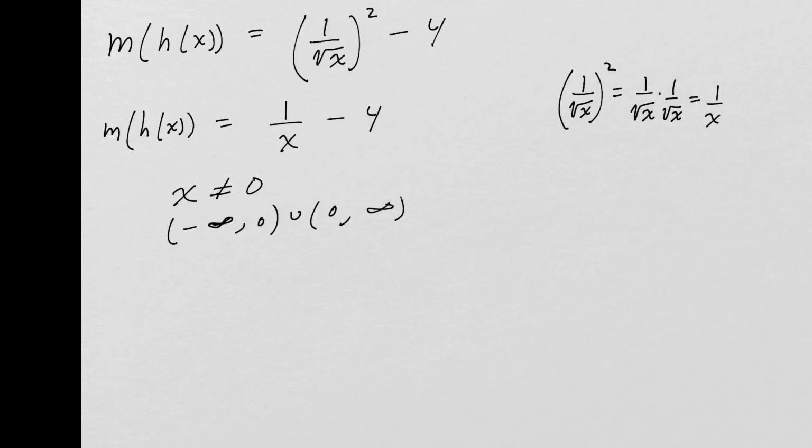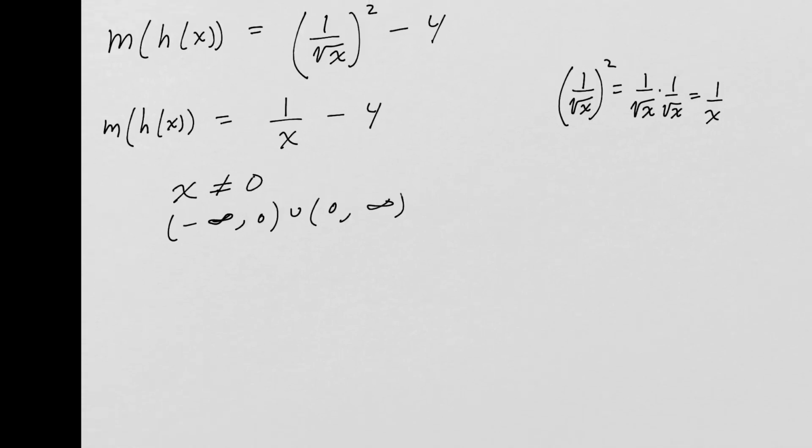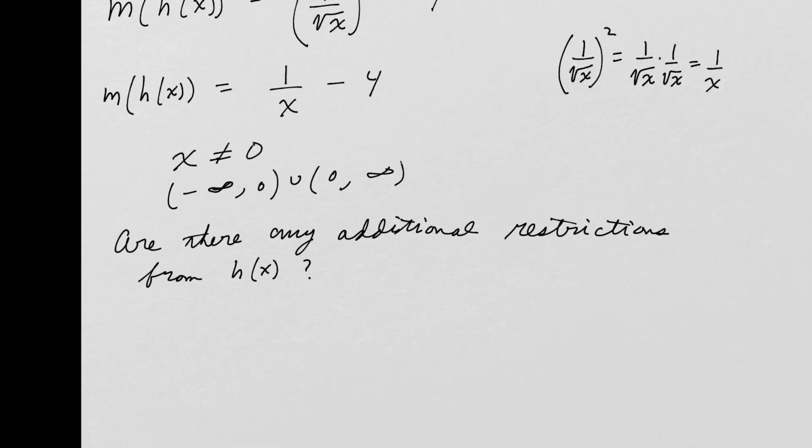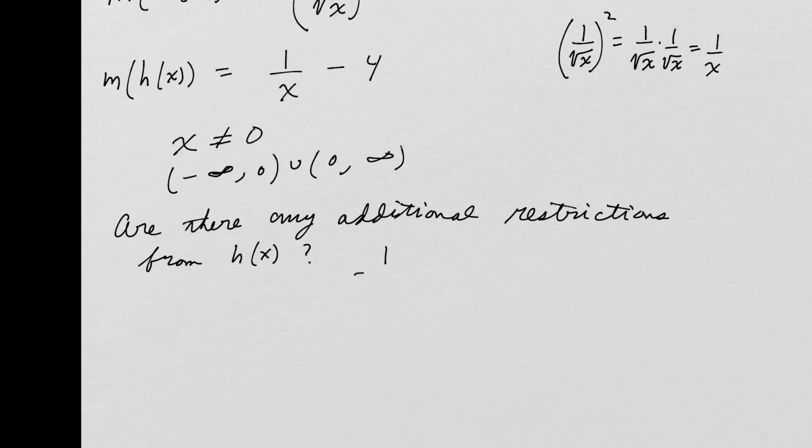But here's where you have to be careful. So again, we have to look to see if there's any additional restrictions on the h function. Well, what is the domain of the h function?